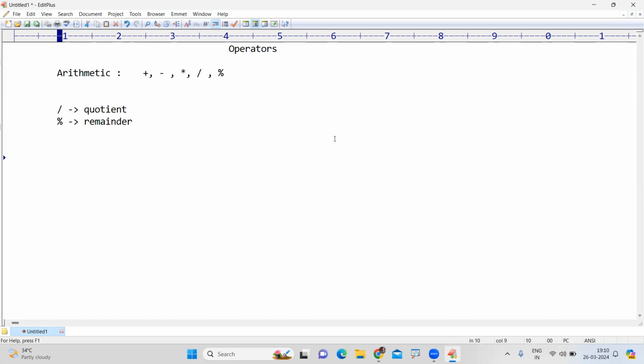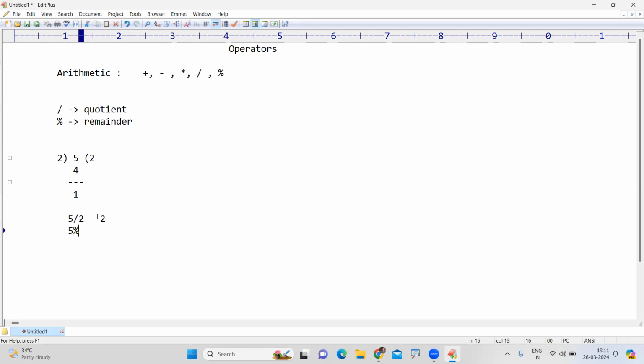So a simple example, if you divide 5 with 2, just 2 times, integer, and it will give the remainder 1. So if you do 5 by 2, you will get the quotient value 2.